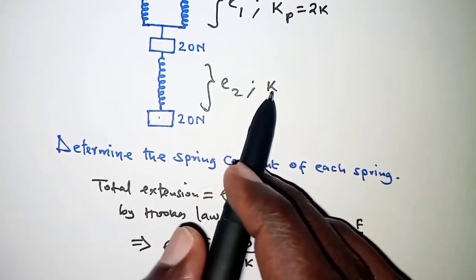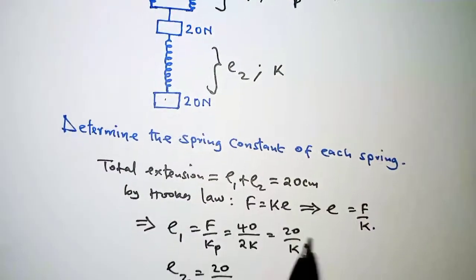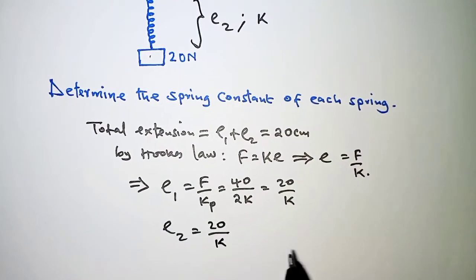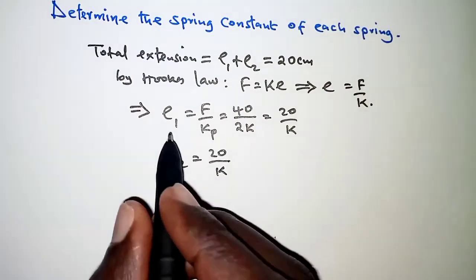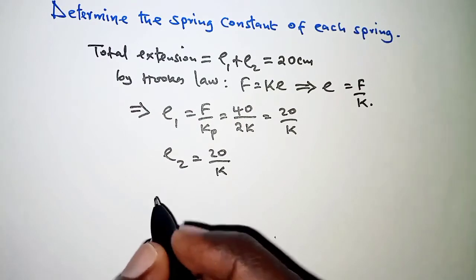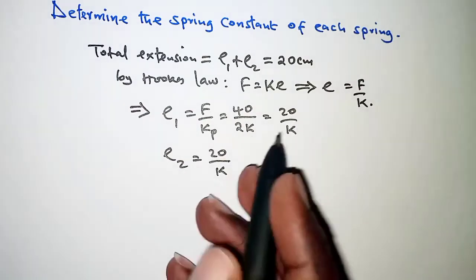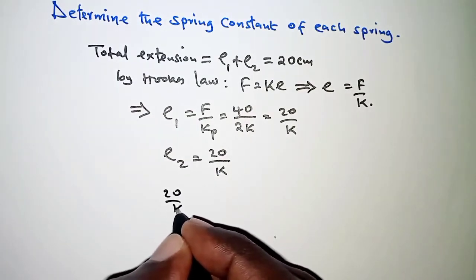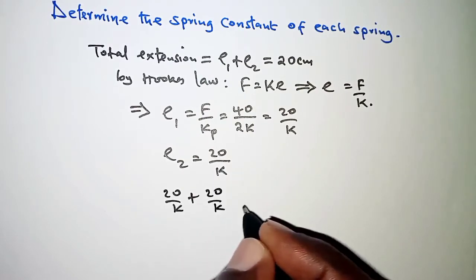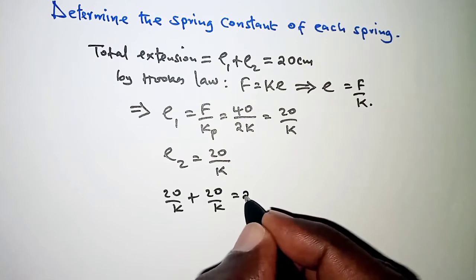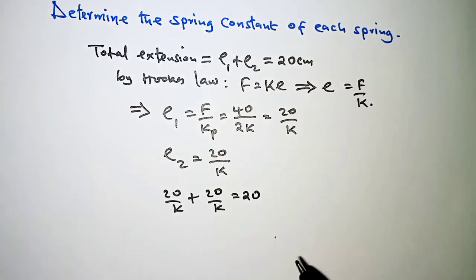Here the spring constant is K because it's just a single spring, so over K. So we are going to have this equation. E1 plus E2 gives us the total extension, and E1 is 20 over K plus E2, which is also 20 over K, and that is equal to 20 centimeters.